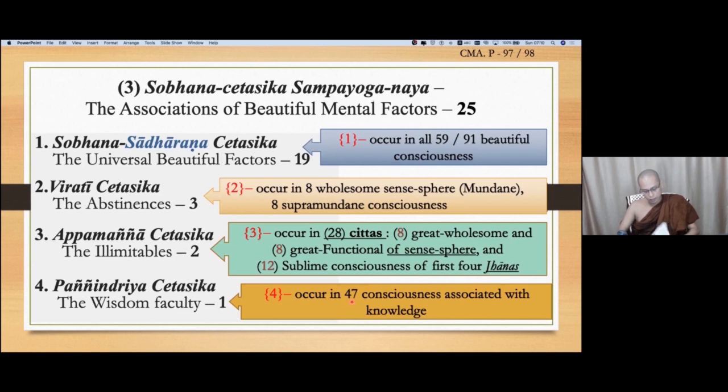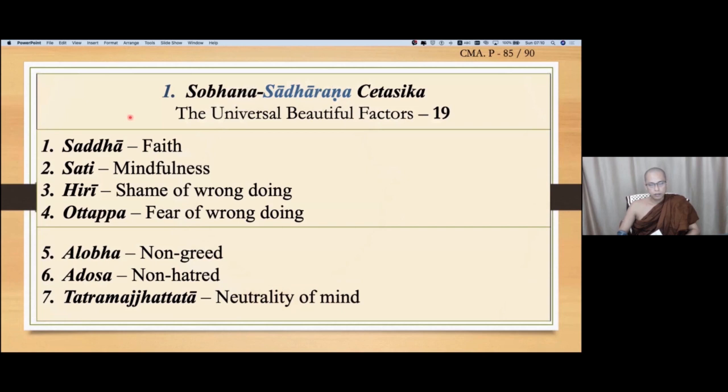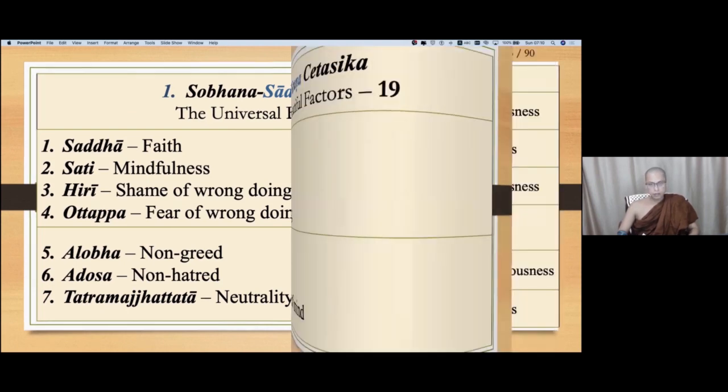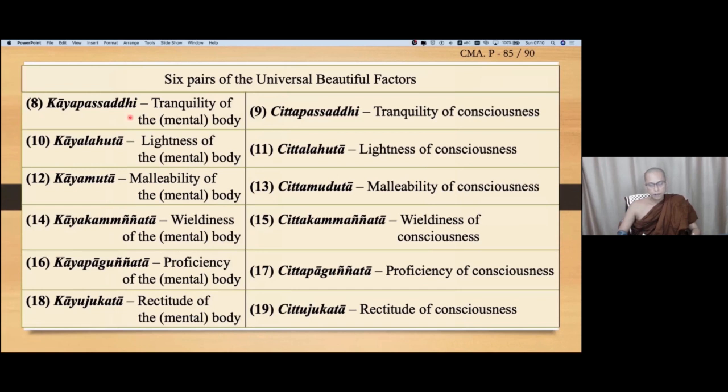Okay, this is the brief study about the 4 ways of association of beautiful mental factors. Then let's continue. For the 19 beautiful mental factors, these are 7 single and 12 in pairs, 6 pairs.